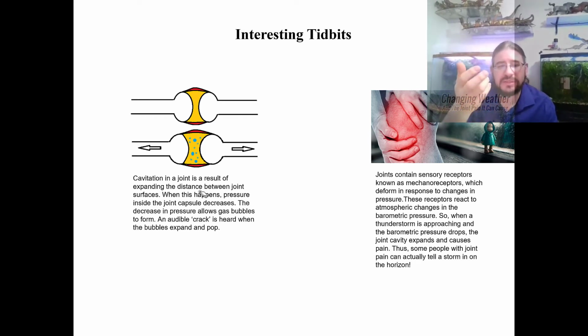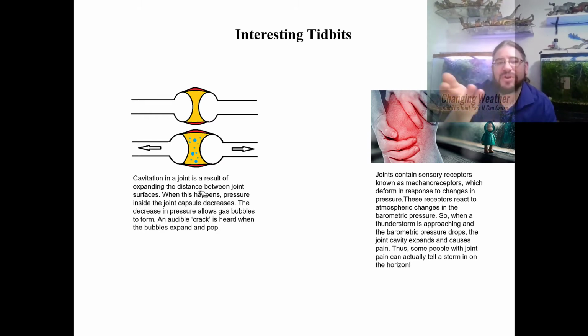So when you suddenly expand the distance between joints, you create sort of a vacuum, and gas bubbles pull out of the fluid in the joint cavity and become gas bubbles, and then they pop.